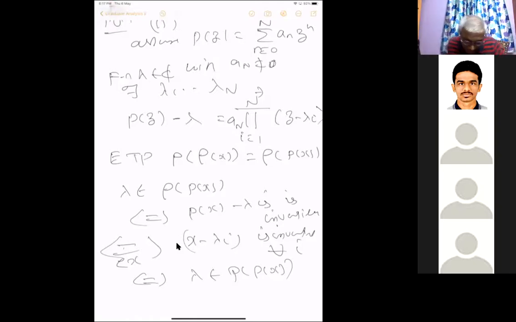So lambda belongs to rho of x. Yeah, if it vanishes, then p of lambda equals lambda. So that's correct. This is fine with everyone.